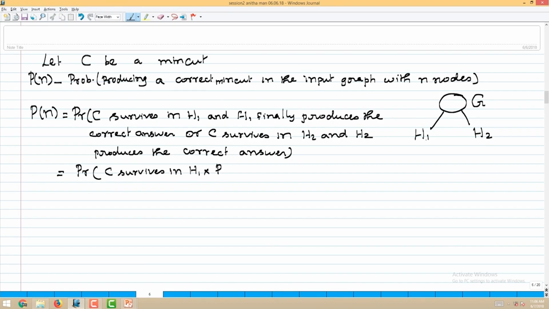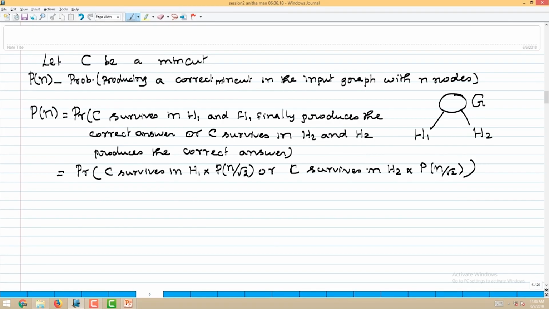Now, your input is with n by root 2 vertices. So, P of n by root 2, correct, or similarly C survives in H2 into P of similarly n by root 2.